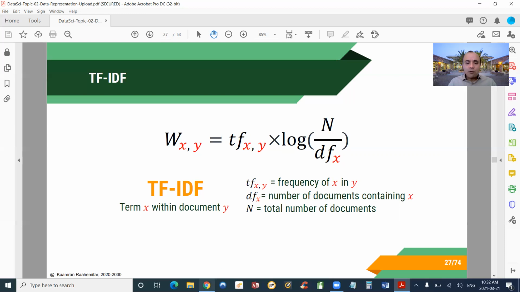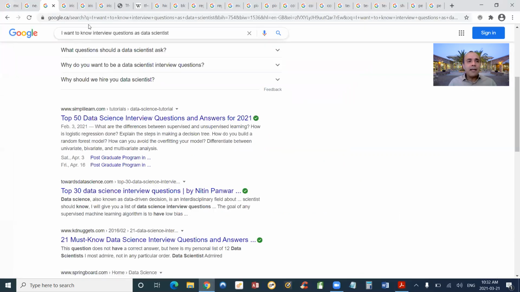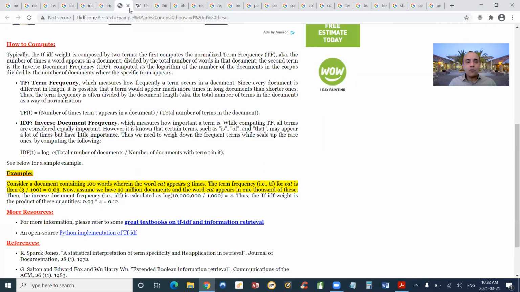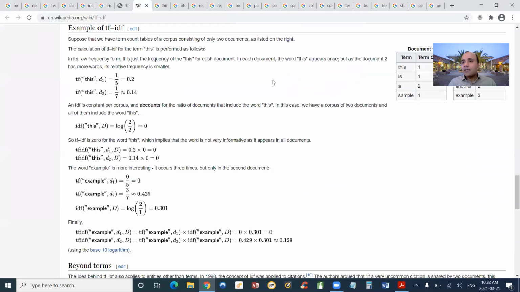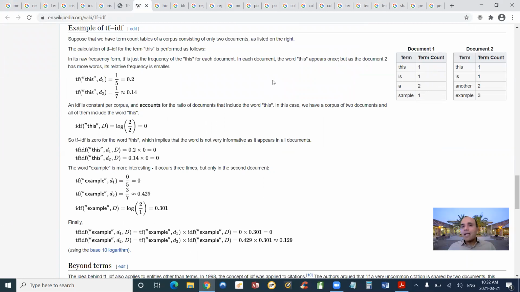Okay, let me give you an example, and then we could potentially go basically here. Now, here is an example. If you take a look at this example, I have a document 1. This is a sample. Imagine A has twice appearance in that document. This is another example.